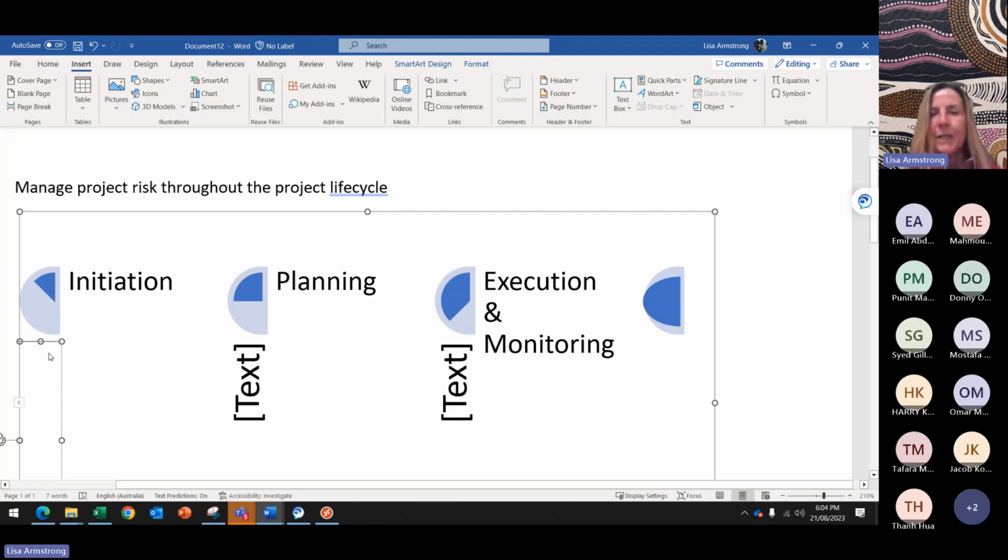When you think of initiating a project, what comes to mind? I'm keen to hear from you. A kickoff meeting? Yeah, fantastic. The platform that often is used is a kickoff meeting. Very good.